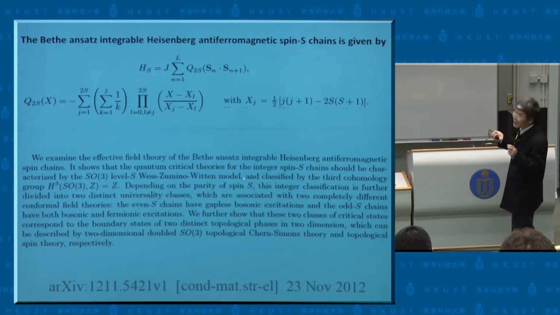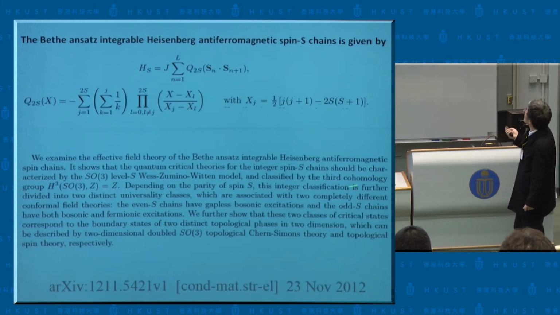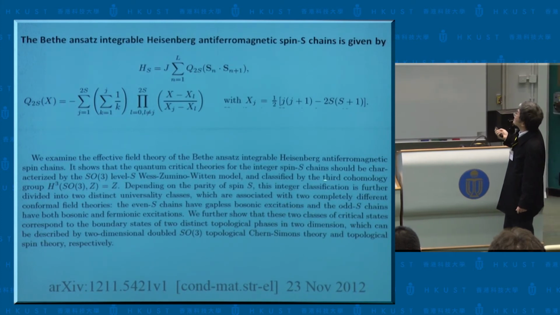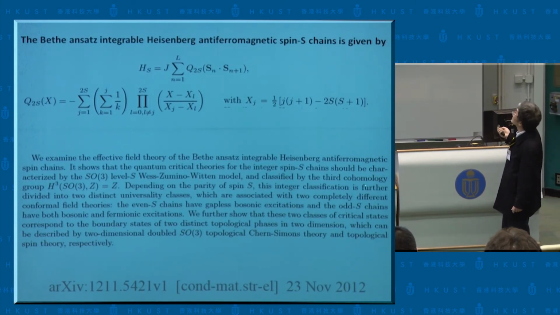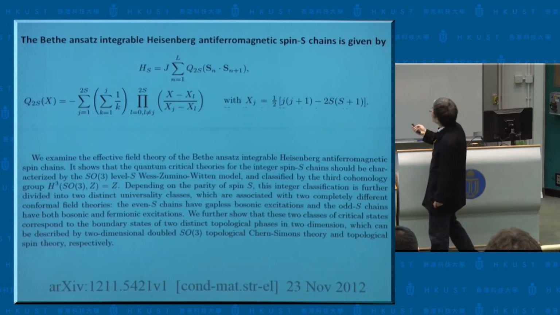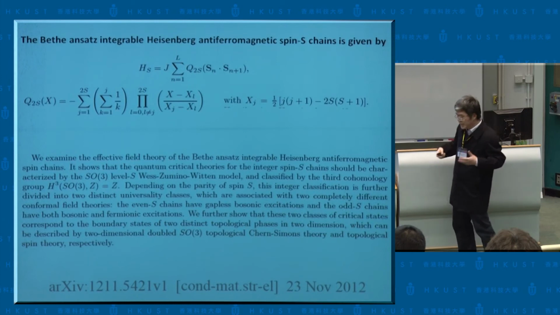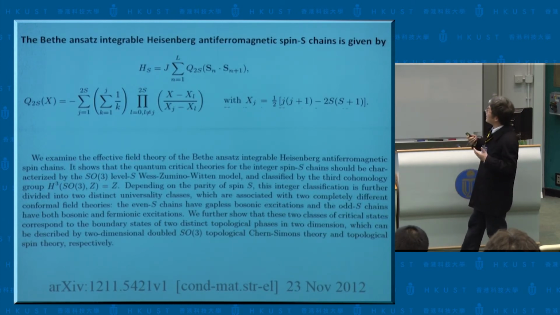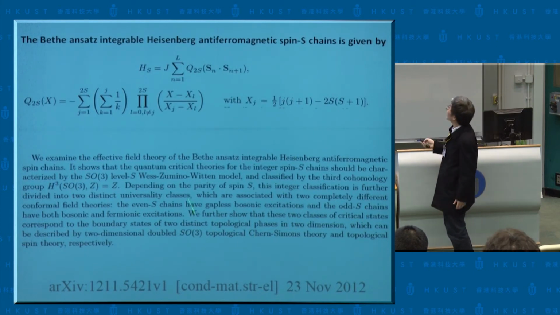Depending on the parity of the spin, this effective field theory is divided into two distinct universality classes, and the low energy excitations are very different for the even integer spin case and the odd integer spin case.